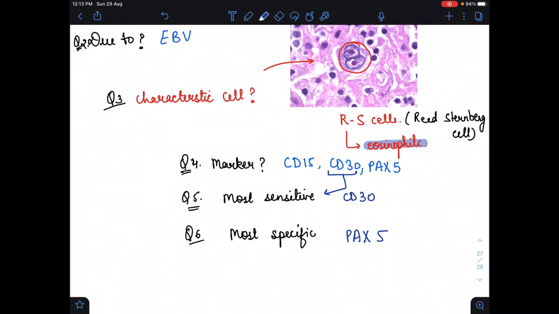These are very important questions: most sensitive, most specific, and the markers for Hodgkin lymphoma, CD15, CD30 and PAX5. In PAX, the letters P and S both are there, so it is specific. So specific is PAX5 and sensitive is CD30.